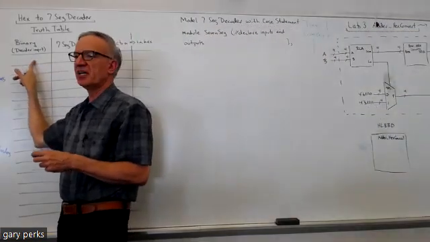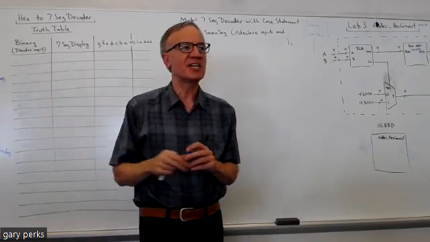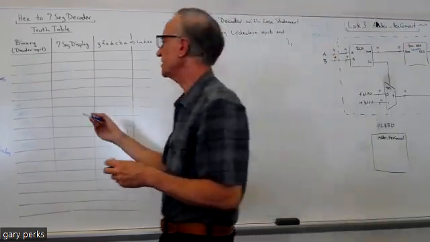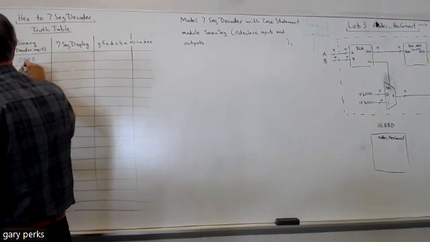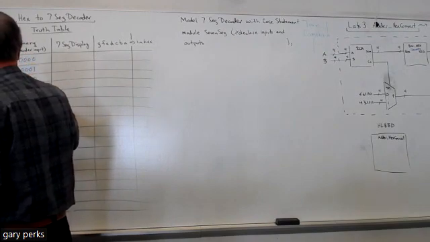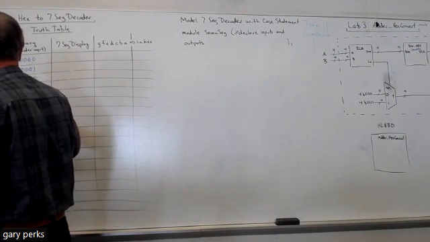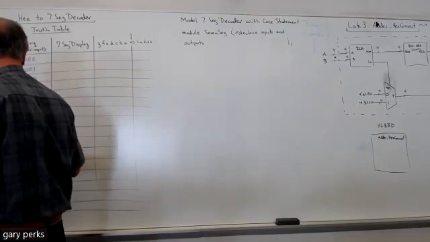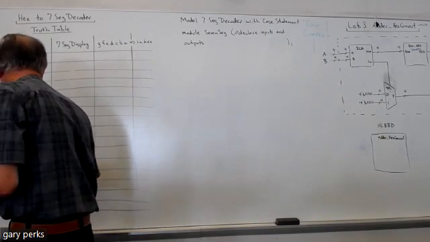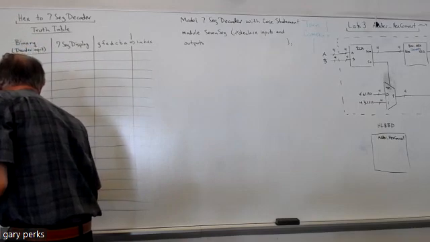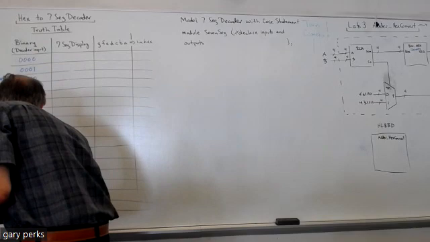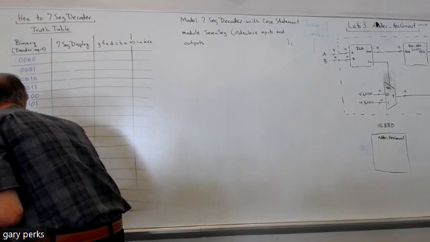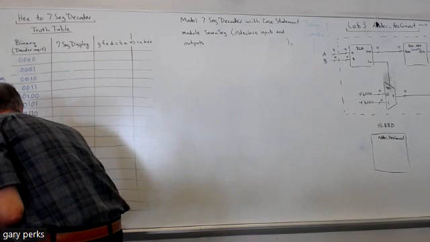So since this binary decoder input is 4 bits, how many rows am I going to have in my truth table? 16, right? 2 to the 4, 16. So 0000, 0001, 0010, 0011, 0100, 0101, 0110, 0111, 1000, and so on.